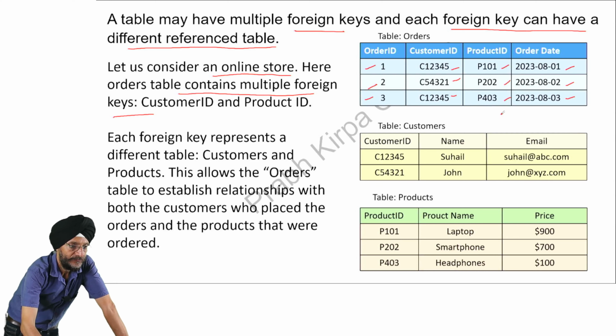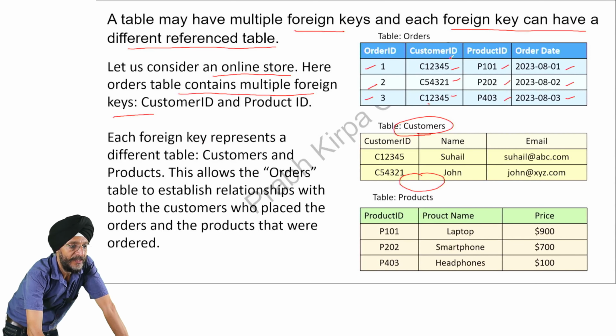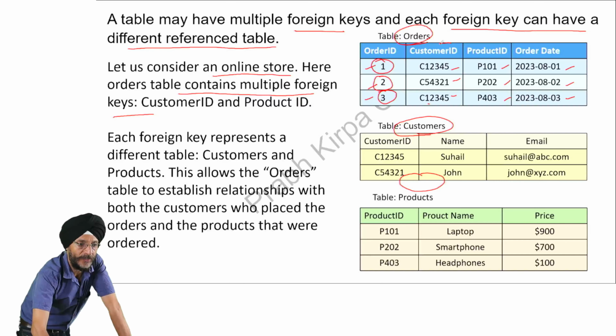So here you can see the customers and the products, these are the customers, these are the products. In the orders table, order ID is the primary key, whereas customer ID is the foreign key.